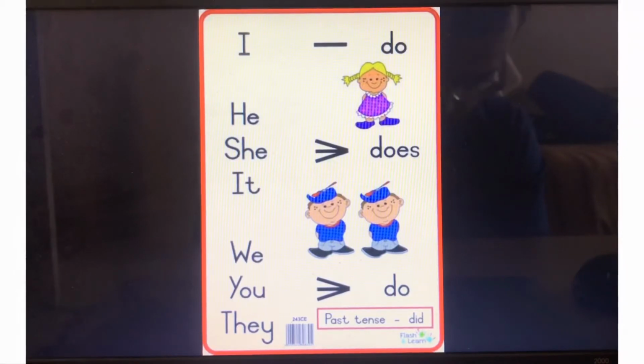And just a quick reminder, the past tense of do and does is did. But we will talk about that later on. Right now, only focus on do and does. Very good job, guys. We will move along.